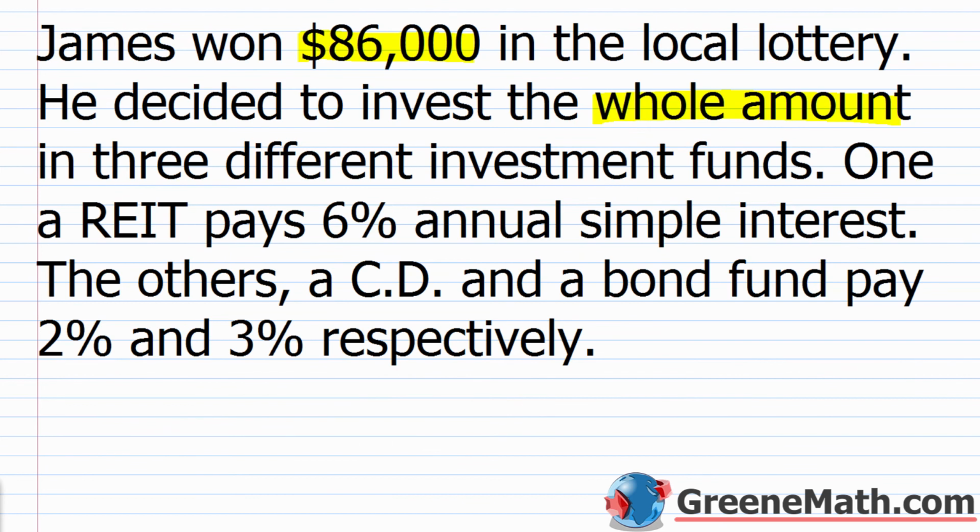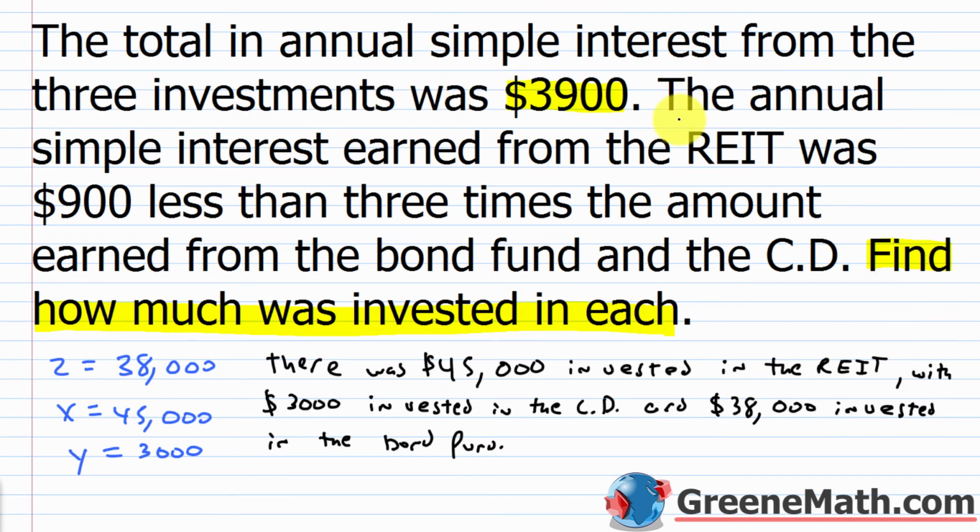Now again, if you check this, you think about James invested $86,000 total. So is that consistent with what you found? Well, 45,000 plus 38,000 is 83,000, plus another 3,000 is 86,000, so it checks out there. Now the next thing is the total annual simple interest from the 3 investments is $3,900. Does that work out? Well, from the REIT, you've got $45,000 invested at 6%.